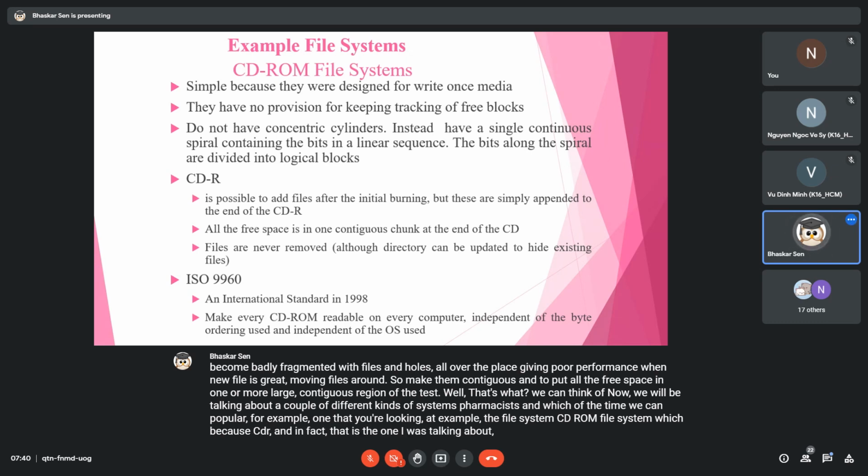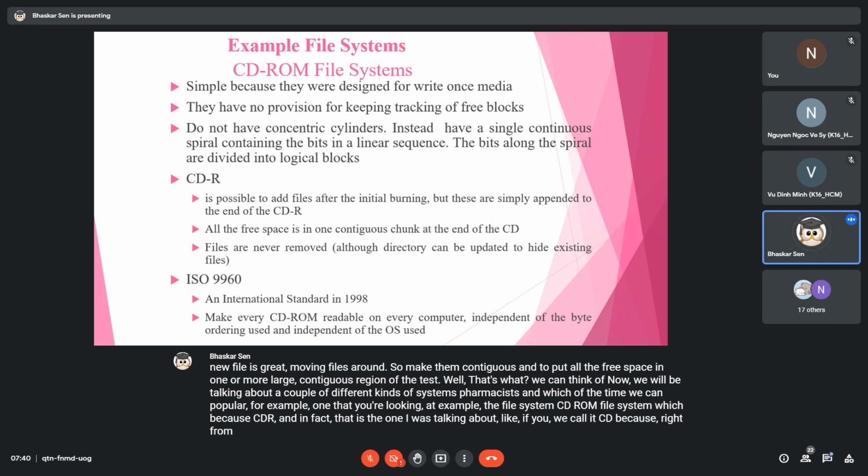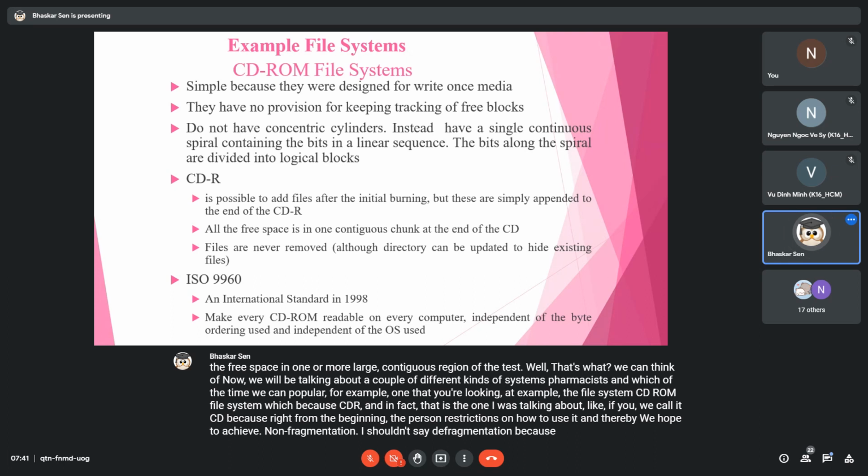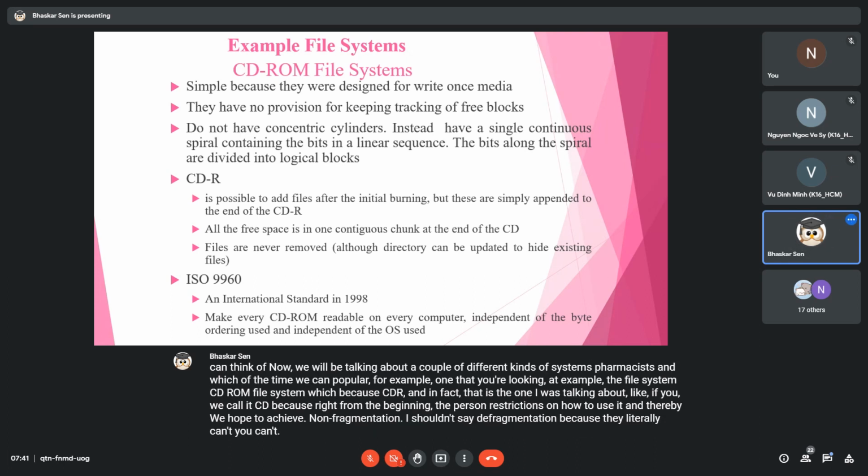We call it CD because right from the beginning we put some restrictions on how to use it, and thereby we hope to achieve non-fragmentation. I shouldn't say defragmentation, because literally you can't force a CD to get fragmented.